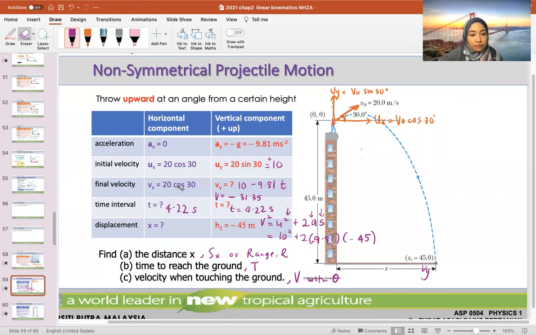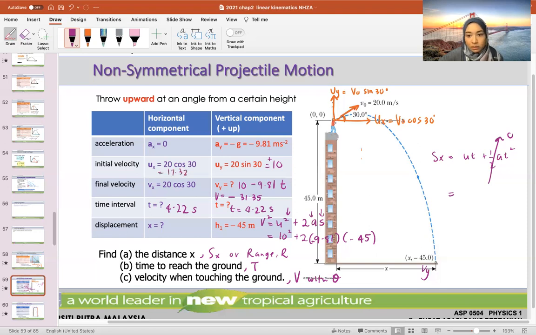We already know what is the V, we already know what is the U and the A. We want to know what is the S in this case. So SX, let's see, UT plus 1/2 AT squared. I like this equation because this guy becomes a 0. And we already know what is the U. So that is a 20 cosine 30. It's a 17.32.